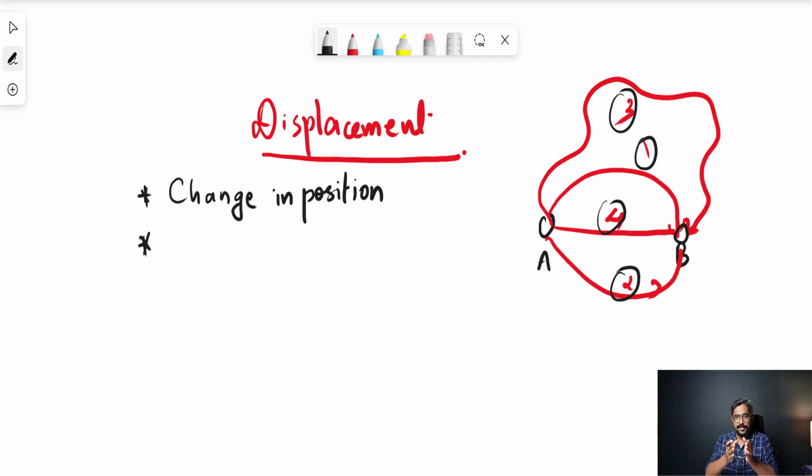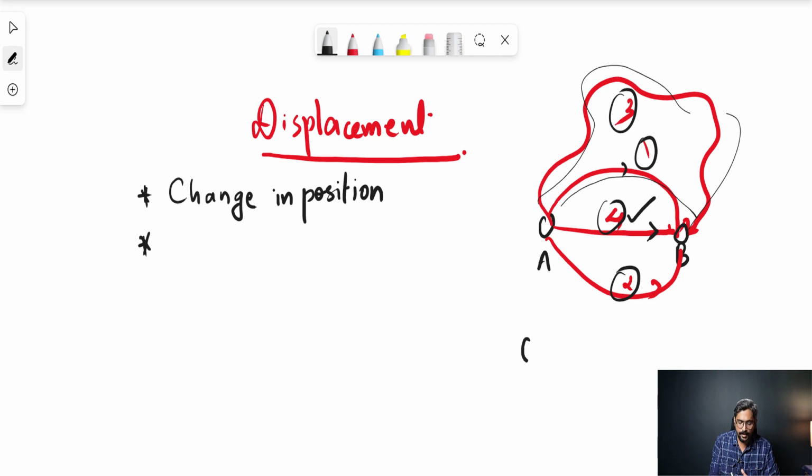Why? Because it is a straight line. You cannot find any shorter distance than path 4. All the other paths have a larger distance, as they move like this. So definitely a straight line will be the shortest distance.